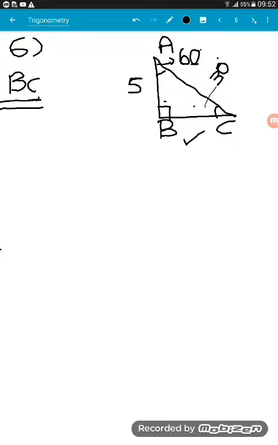For example, if you take sine A, then it will be opposite by hypotenuse. For that, you have to find the hypotenuse. They gave this is 90 degree, this is 60, this is 30 degree. Because for the hypotenuse, there are two sides that are missing, you can't substitute the value, because if you take this as x and this as y, there will be two variables, so it can't be possible.